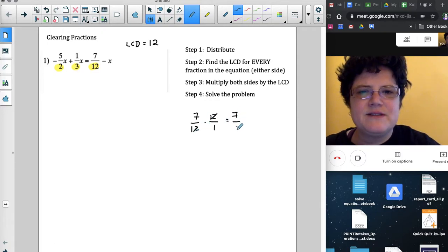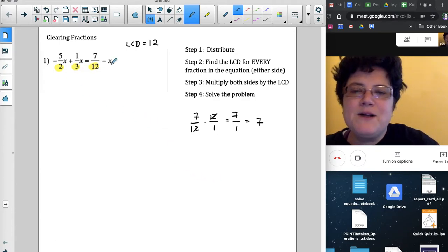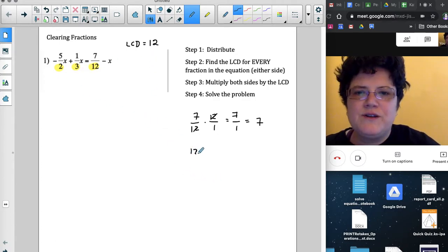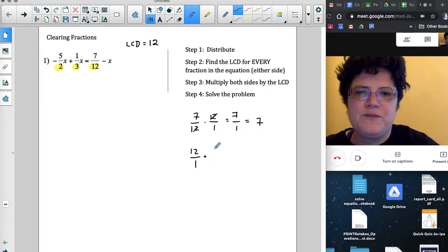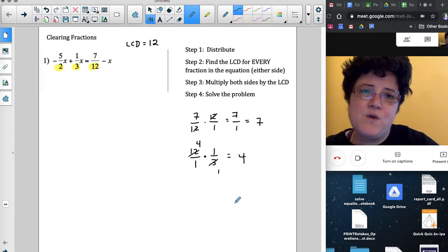I'll get 7 over 1 or just 7. If I multiply 12 by the second fraction, 1/3, this is going to cancel too, because 3 also goes into 12. So 3 would cancel down to 1, 12 would cancel down to 4. So that's going to give me 4.